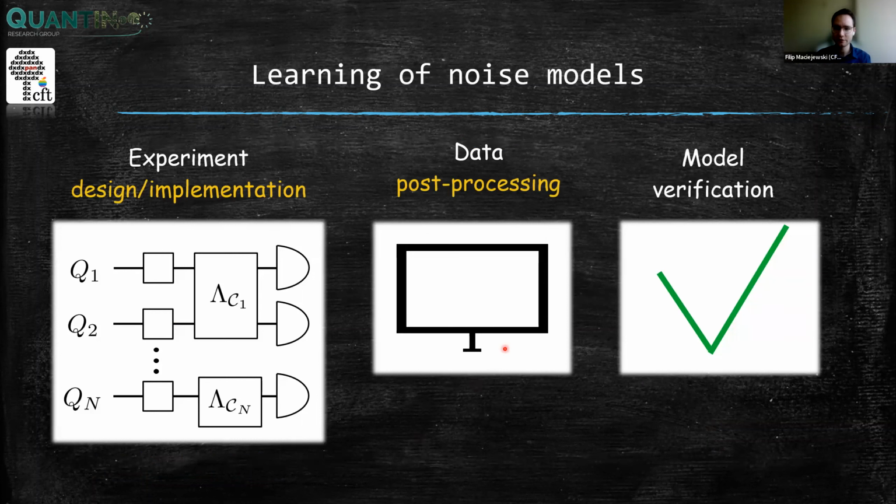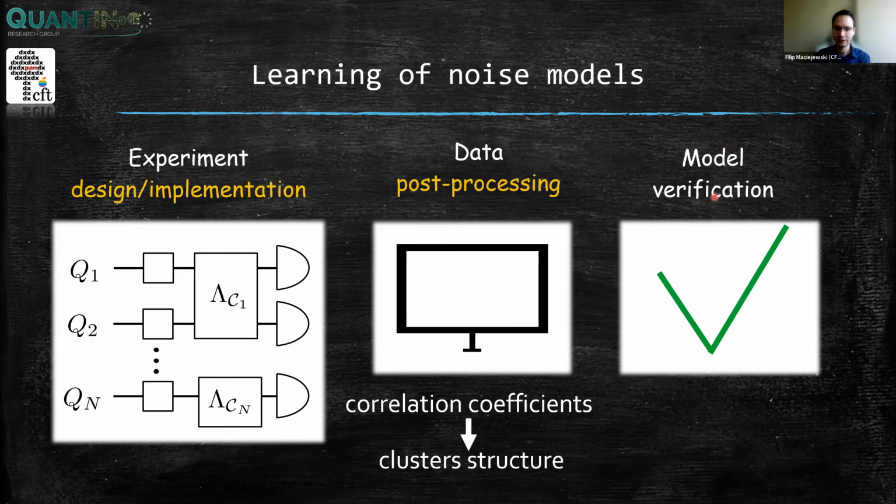Pictorially, learning of the noise model in this project essentially consists of three stages, namely experiment design and implementation, data post-processing, and model verification. I already told you what we do with the data, namely we use these correlation coefficients to get a cluster structure of the noise model.